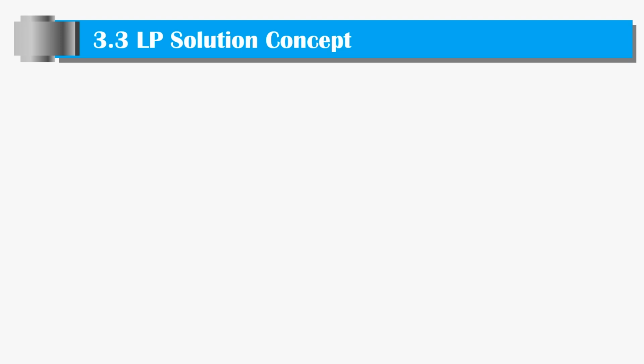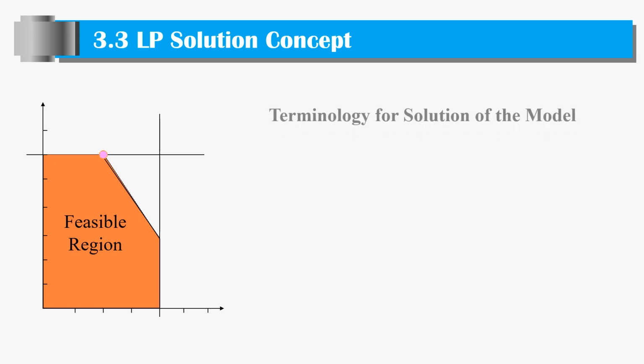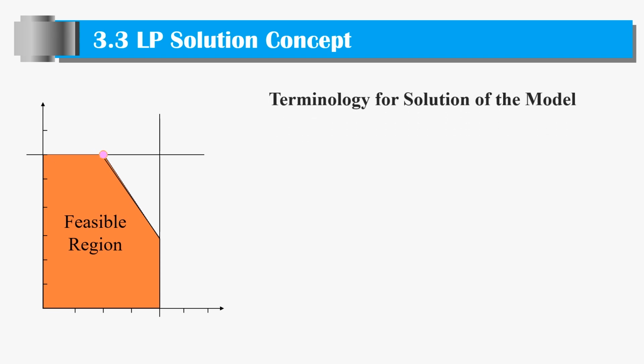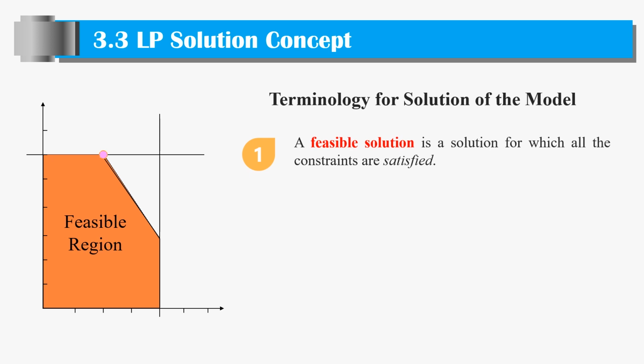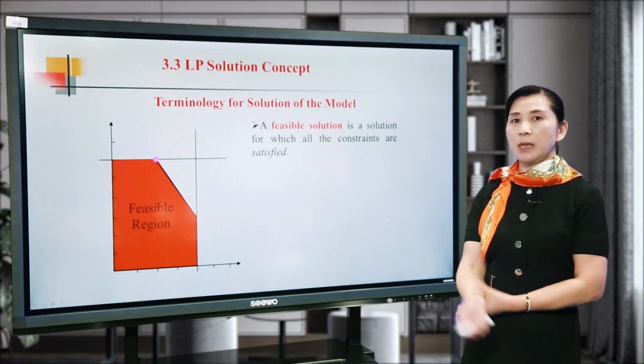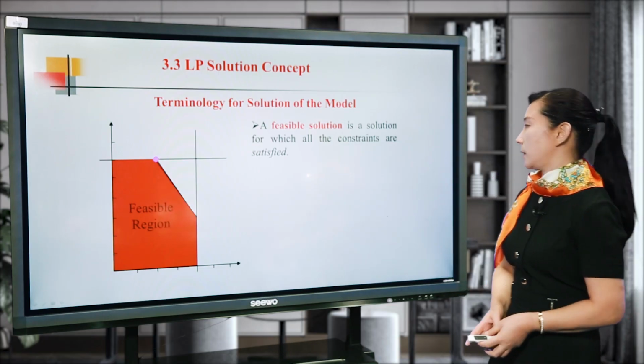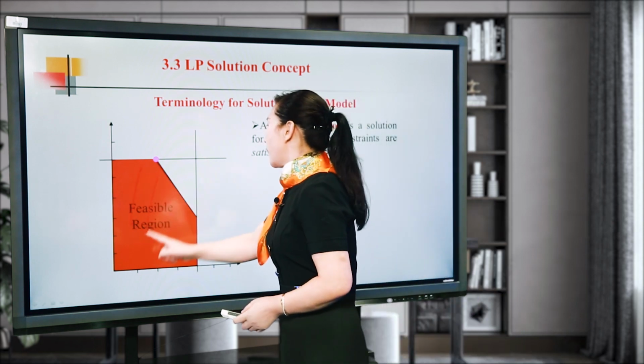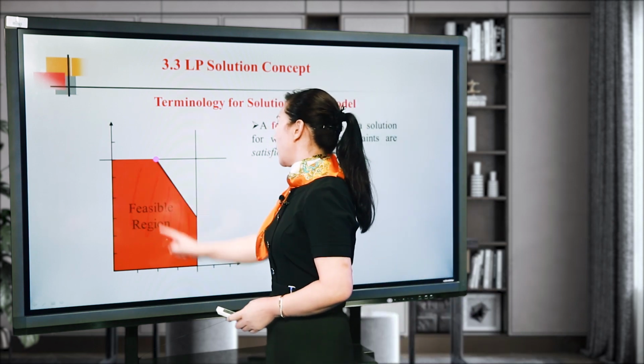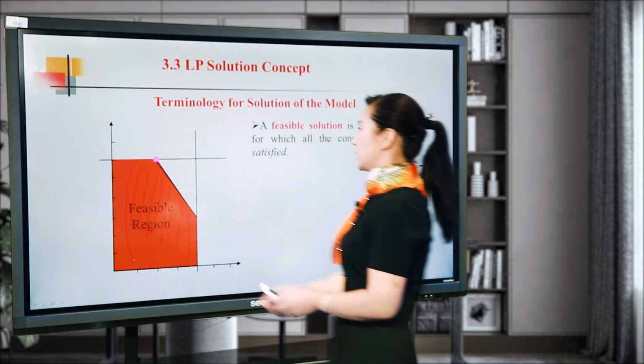Okay, from the above examples, we conclude the LP solution concepts. The terminology of solutions of the model. A feasible solution is a solution for which all the constraints are satisfied. A problem may have many feasible solutions. This is a feasible solution, and there are many feasible solutions.